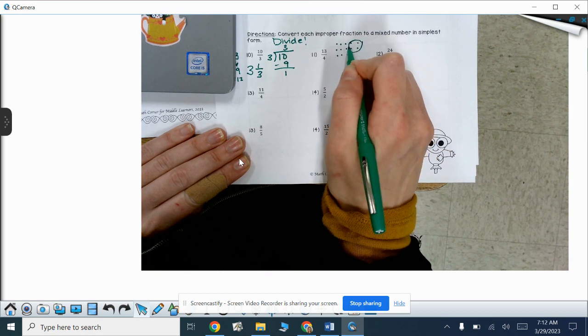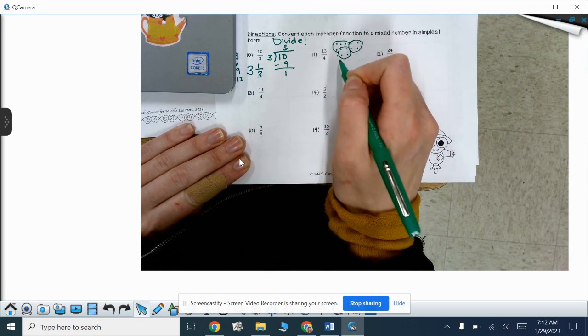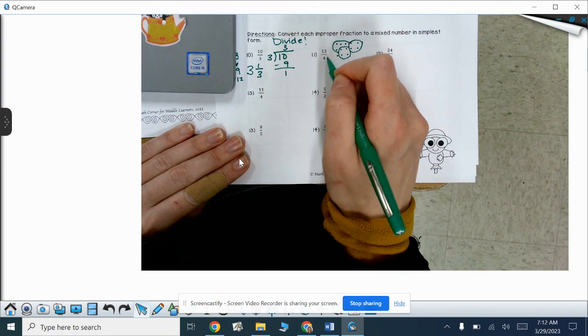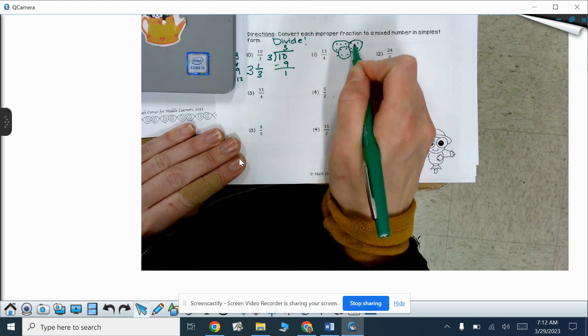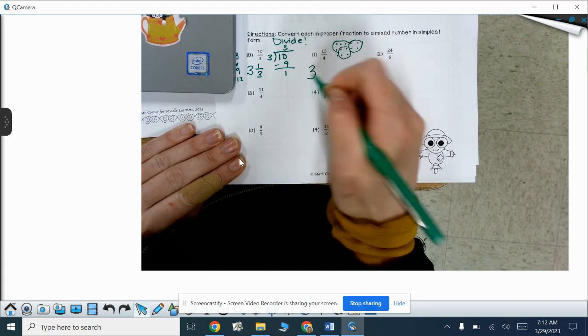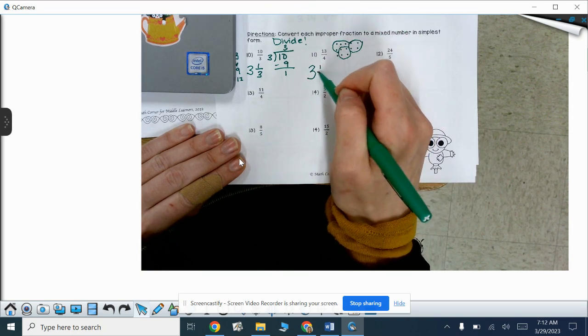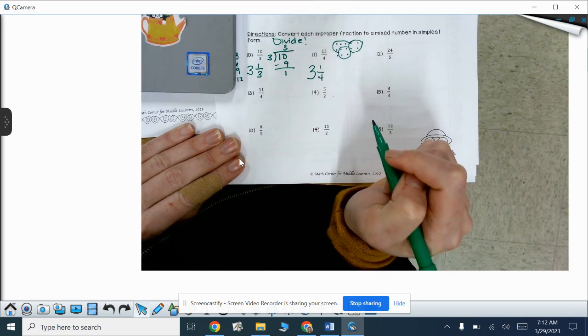We'll take out a group here. And then another 4 dots right there. There are no more groups of 4. I got the 4 from my denominator here. So I have 1, 2, 3 whole groups of 4. That's why 3 is my whole number. I'm left with a remainder of 1. And my denominator stays the same.